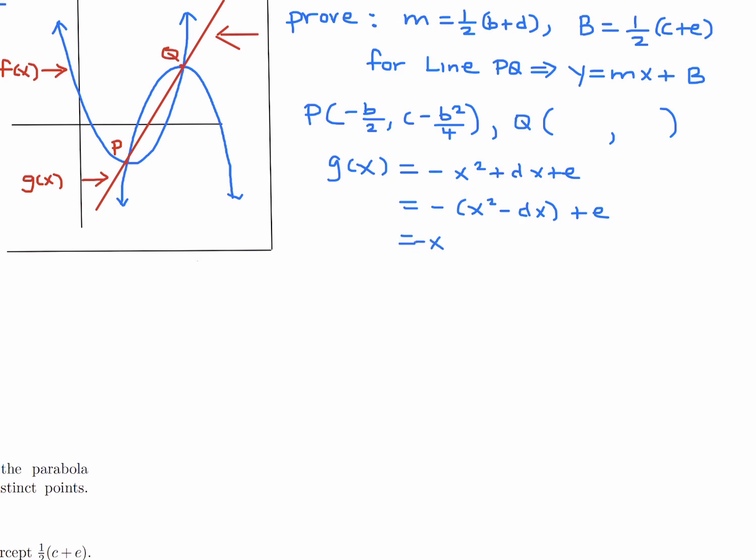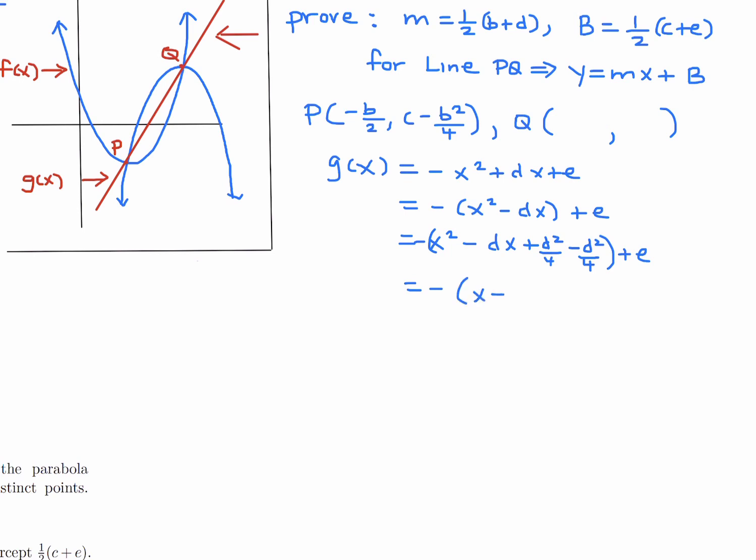And now complete the square. Remember, you take half of this coefficient and square it. So it would be d over 2 is half. So half of it, if you square it, becomes d squared over 4. And then immediately I have to subtract that, like this. And then this allows me to complete the square with those three terms.